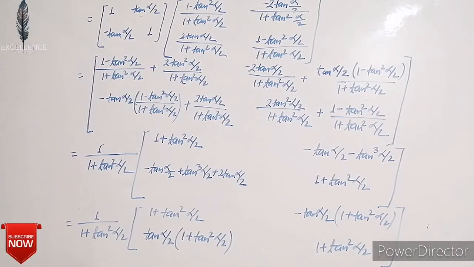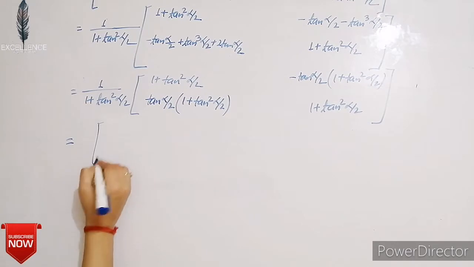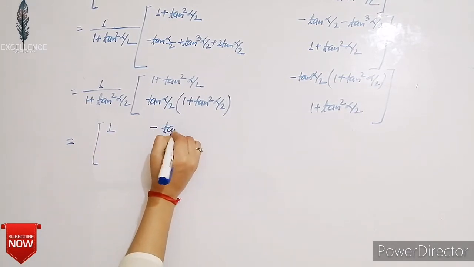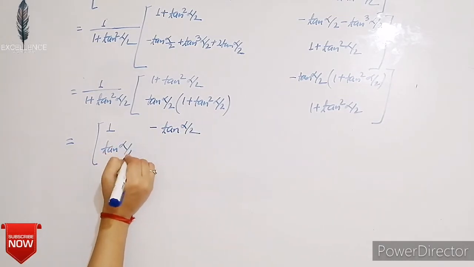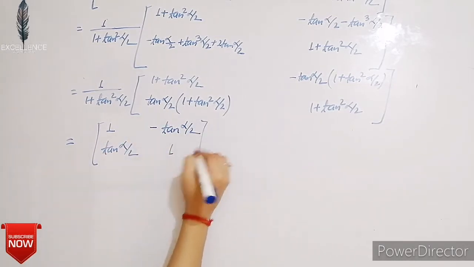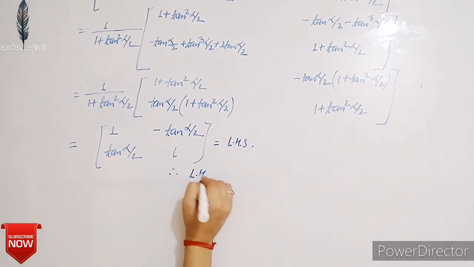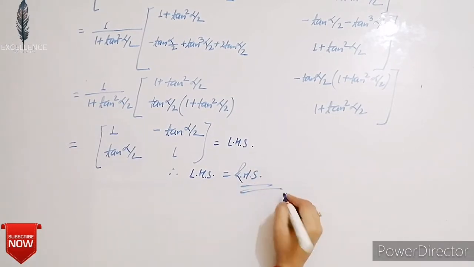Now on multiplying 1 by (1 plus tan square alpha by 2) to each element, our first element becomes 1, next is minus tan alpha by 2, in the second row we have tan alpha by 2, and last is 1, which equals LHS. Hence we have LHS equals RHS, hence proved.